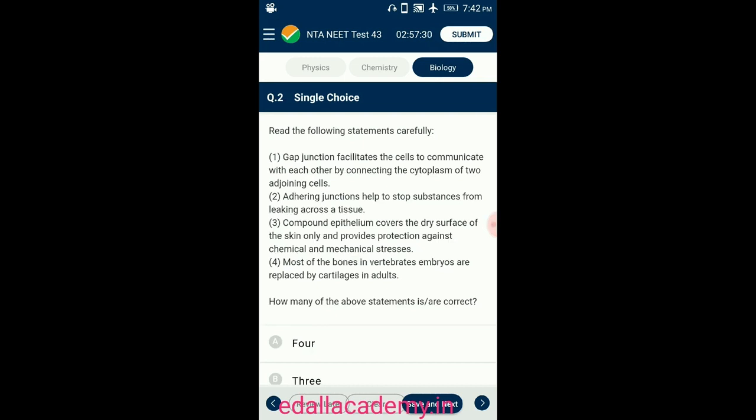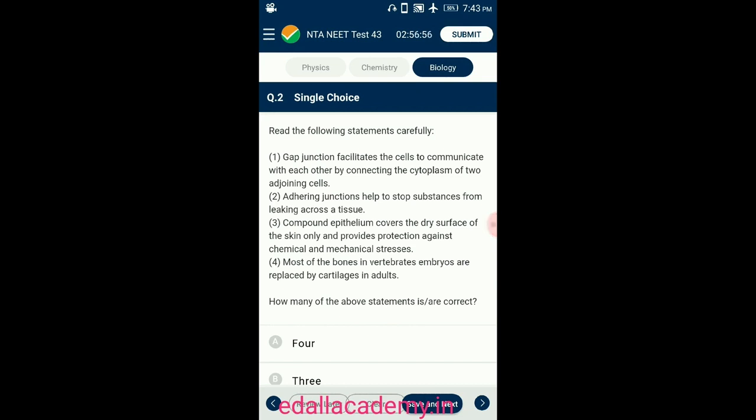Question number 2. Read the following statements carefully. Here 4 statements are given. From that, how many of the above statements are correct? Gap junctions facilitate the cells to communicate with each other by connecting the cytoplasm of adjoining cells for the rapid transfer of molecules and ions. Tight junctions help to stop substances from leaking across a tissue, whereas adhering junctions perform cementing to keep neighboring cells together.